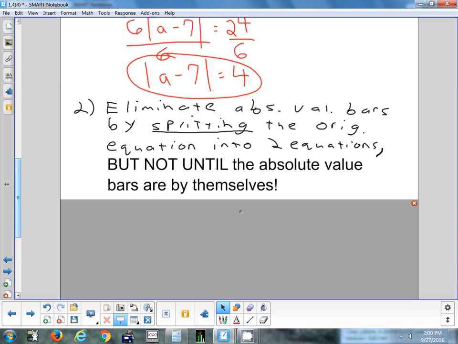There could be nothing else outside of them on that side of the equal sign before you can solve them. They have to be by themselves before you can do what we're going to do now. So eliminate the absolute value bars by splitting the original into 2 equations.